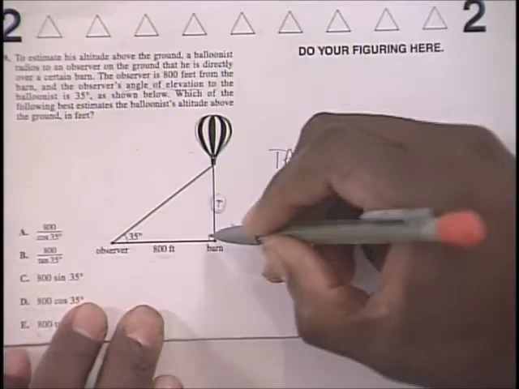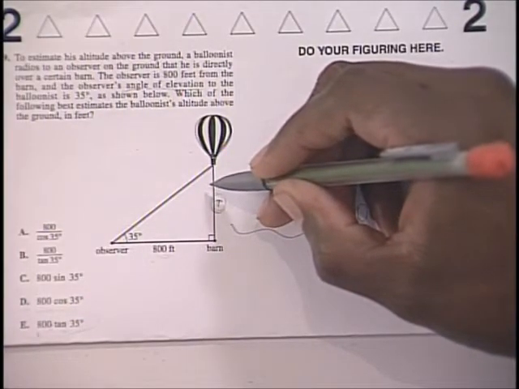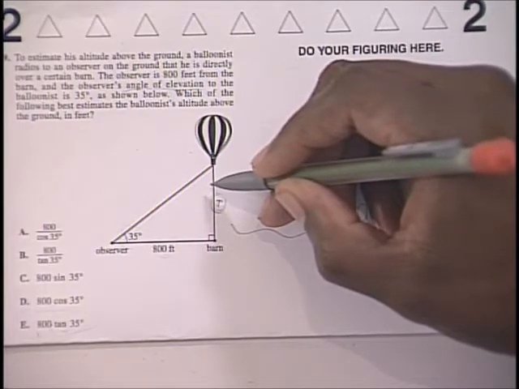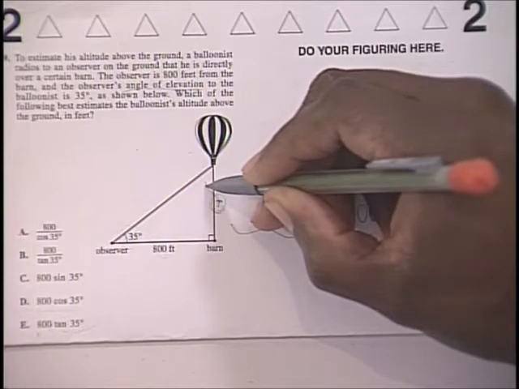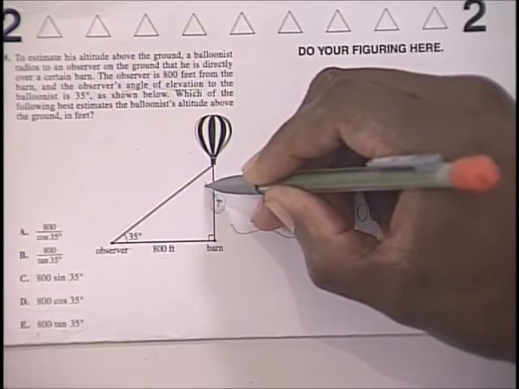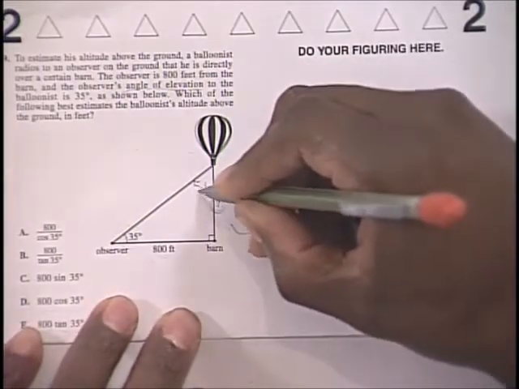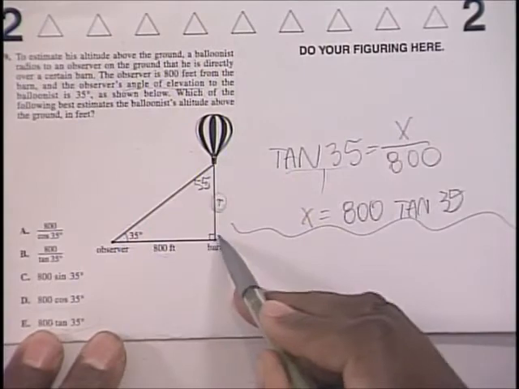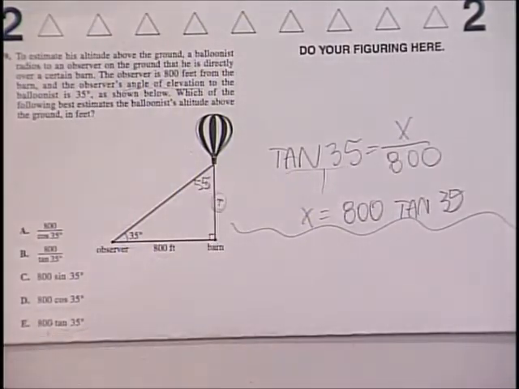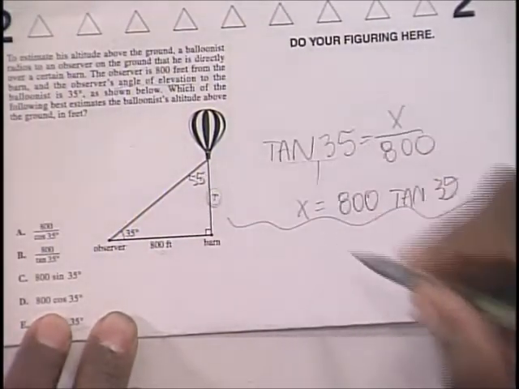Another answer could have been one that used this angle right here. This angle is 55, because the sum of the interior angles of a triangle has to add up to 180 degrees.